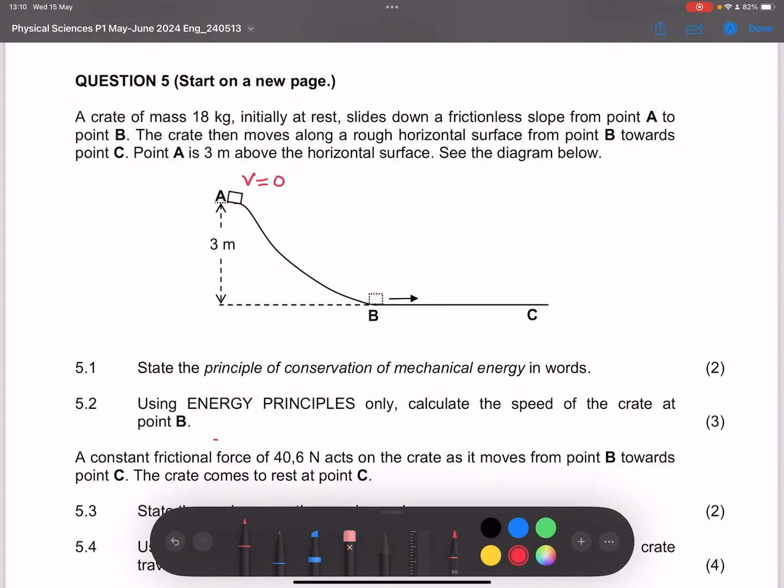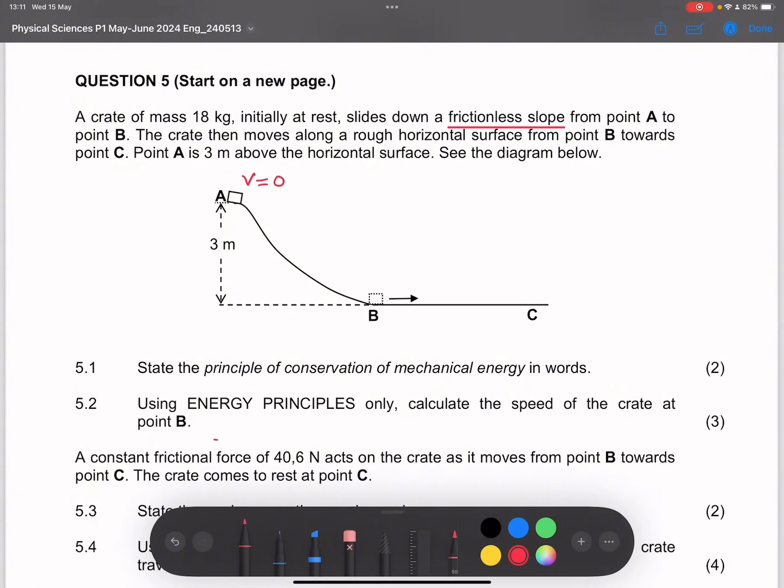They say it slides down the slope from point A to point B. The crate then moves along a rough horizontal surface from point B towards point C. Point A is 3 meters above the horizontal surface, and we see the diagram below. Now note, very important, that this is a frictionless slope.